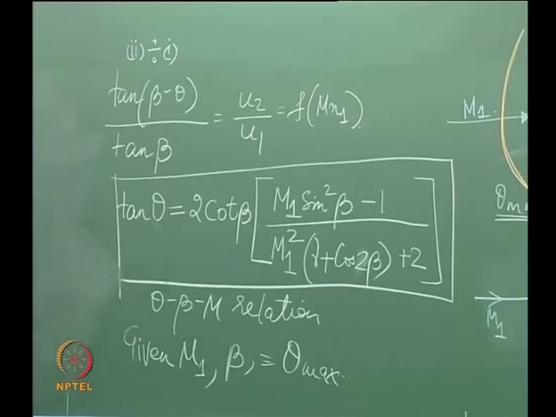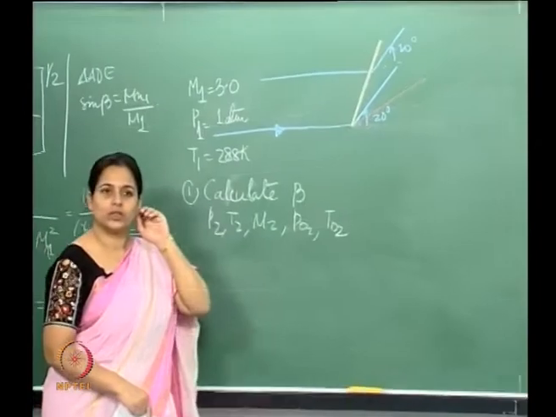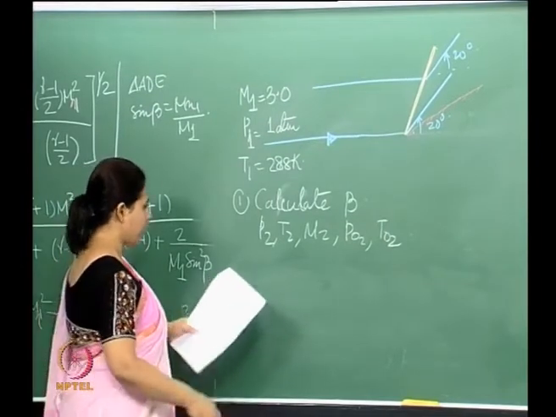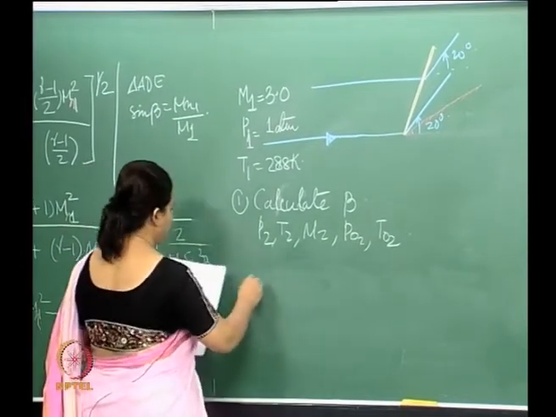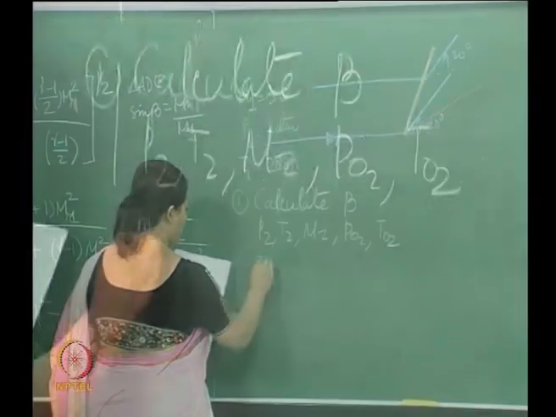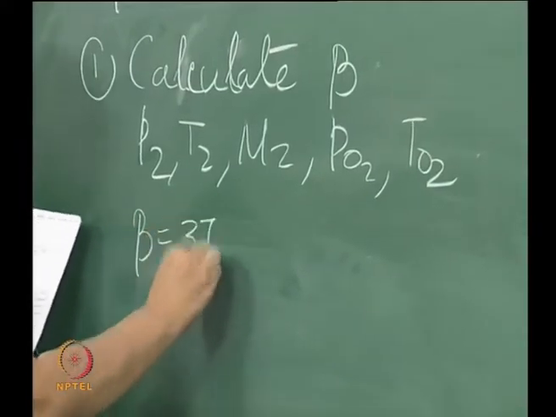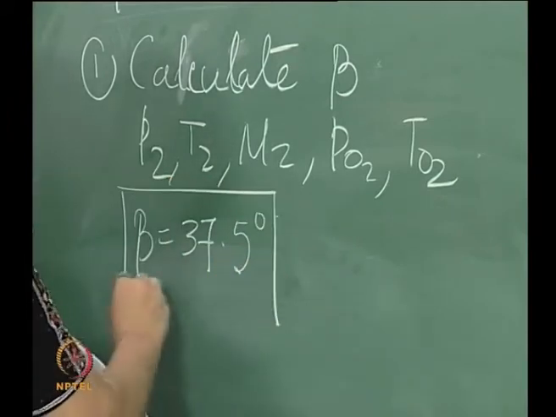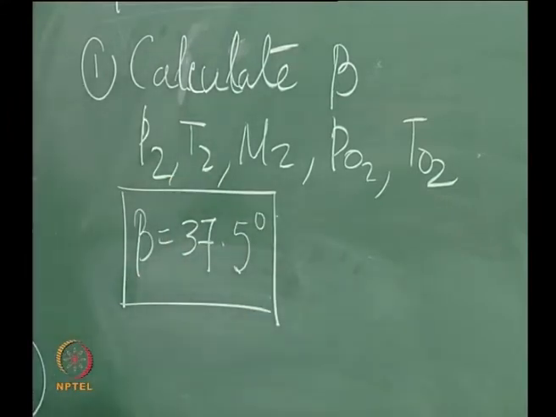This is something we can get from the charts, which are again available. If I use that, what I will get is that beta is equal to 37.5 degrees. Okay, so this is it.